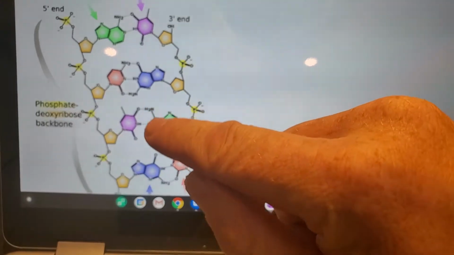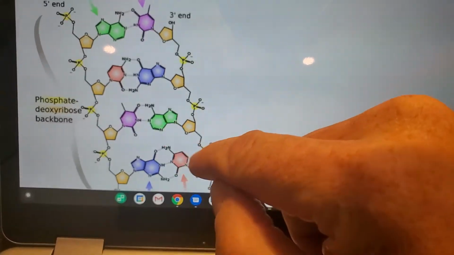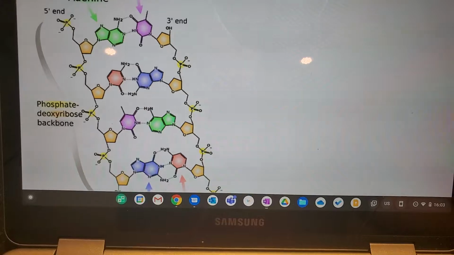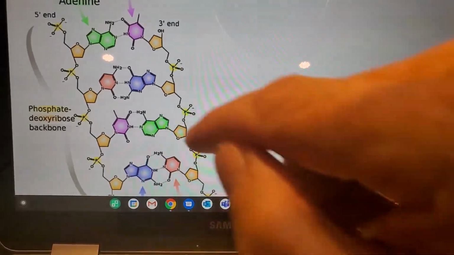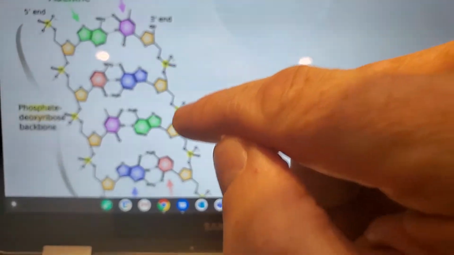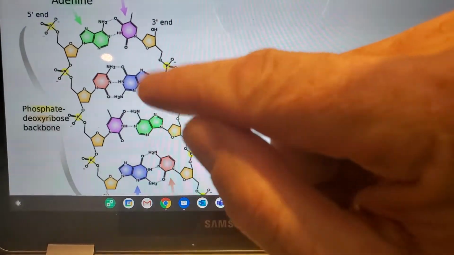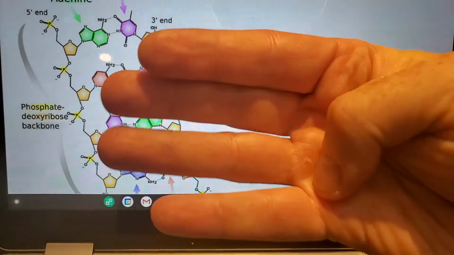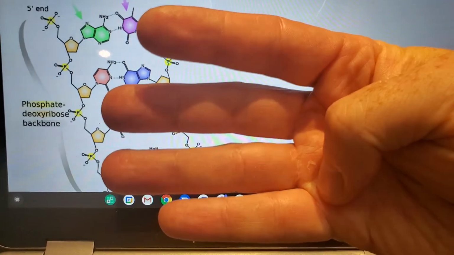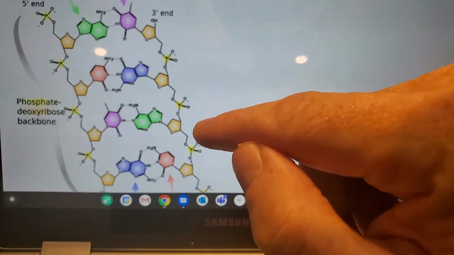Remember, DNA is made of nucleotides. We talked about that when we talked about nucleic acids. Each individual part, or monomer, or building block of DNA is a nucleotide, and there are 4 different kinds of DNA nucleotides. What's a nucleotide made out of?